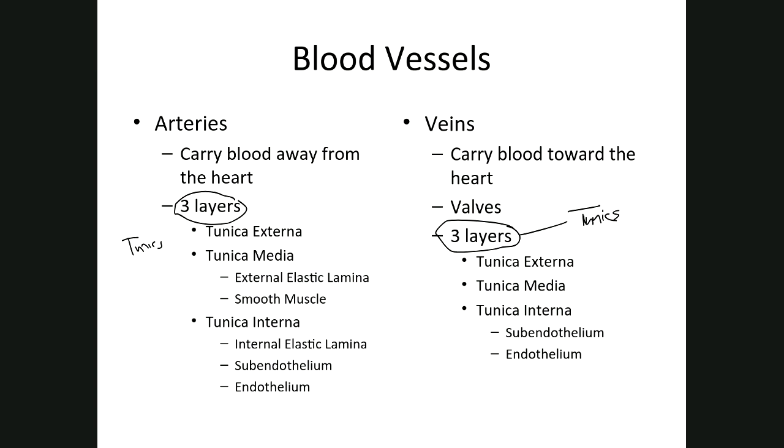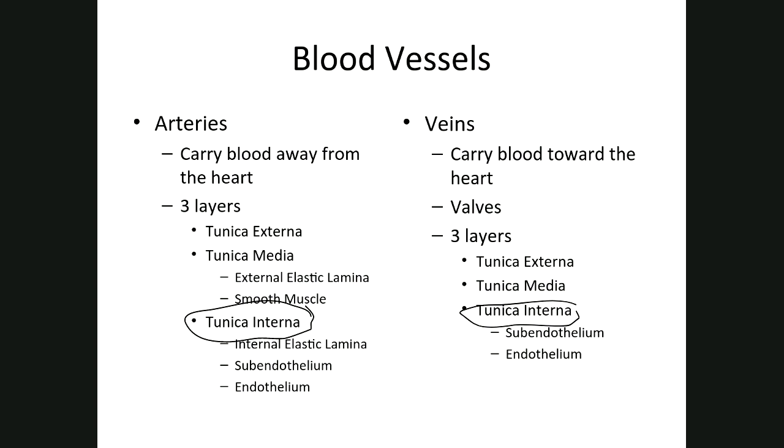The one that's touching the blood is the tunica interna. There's one that's outside. That's the tunica externa. And then there's one in the middle, and the one in the middle is the tunica media. But they both have those 3 layers.